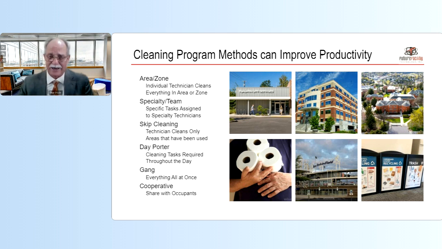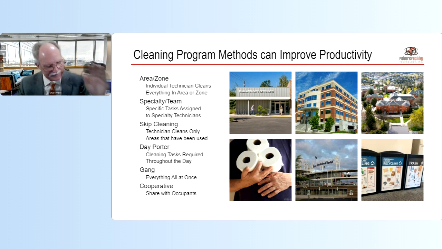And that could mean that Jane is very good at dumping trash and replacing liners, and she can do that with the utmost speed. And so maybe she's the one that goes through the building and dumps all the trash and replaces all the liners, which gives Bob a better shot at cleaning those restrooms, which he's really, really good at, but he hates dumping trash.